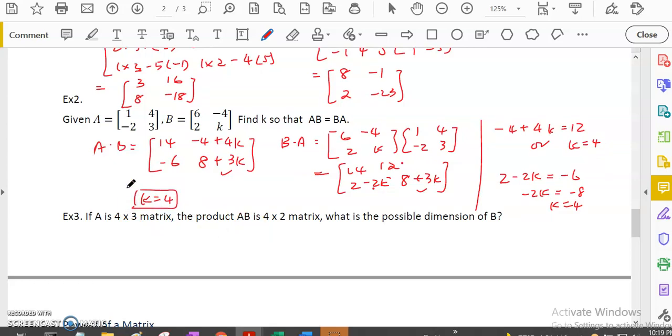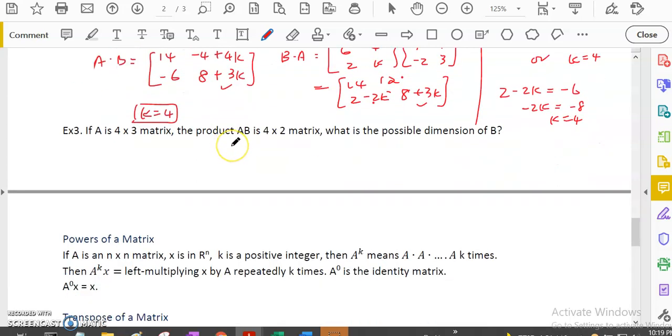Okay. Example 3: if A is a 4×3 matrix, and you end up having a product of a 4×2 matrix, what is the possible dimension of B? So we can write A as row times column, and B has to be row times column. So this has to match, right?